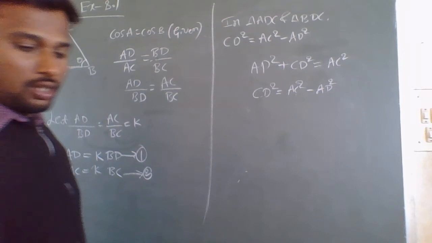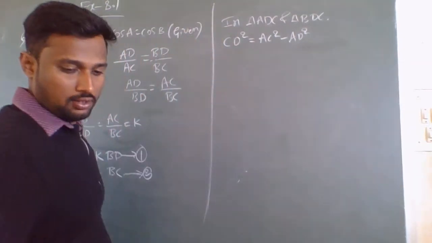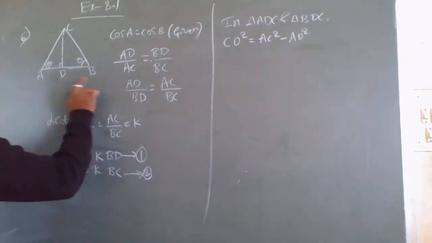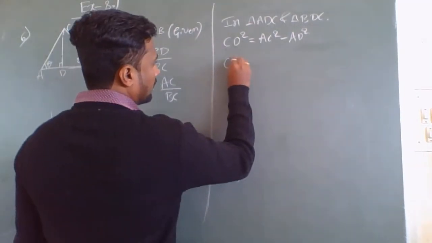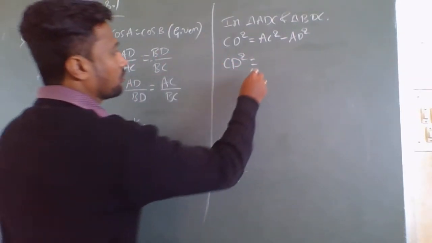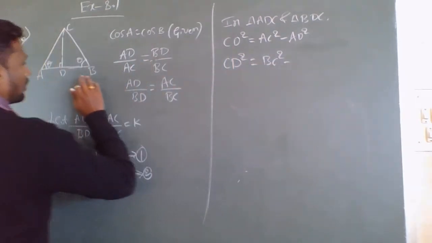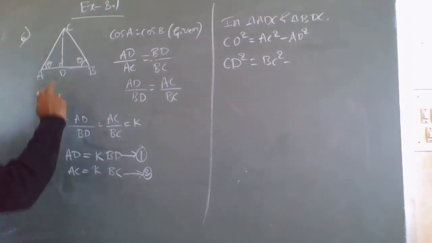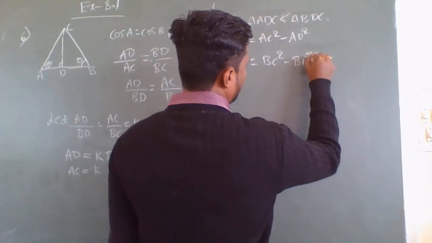Now like that only, again we will consider triangle BDC and apply the Pythagoras theorem again. CD square equals, the hypotenuse is BC here, therefore BC square minus the other side, BD square.